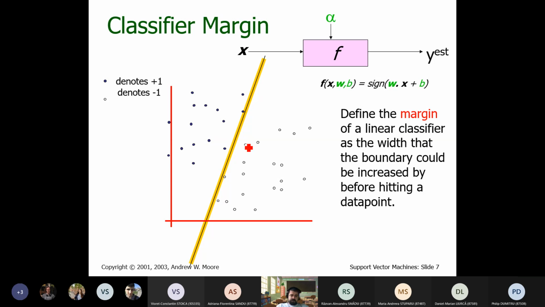So let's suppose we have the classifier that we have in here. How much can we extend the area around the classifier in both directions before hitting some data points? For example, before hitting these 2 points or this point. And this is called the margin, and this is represented by the yellow area from here.